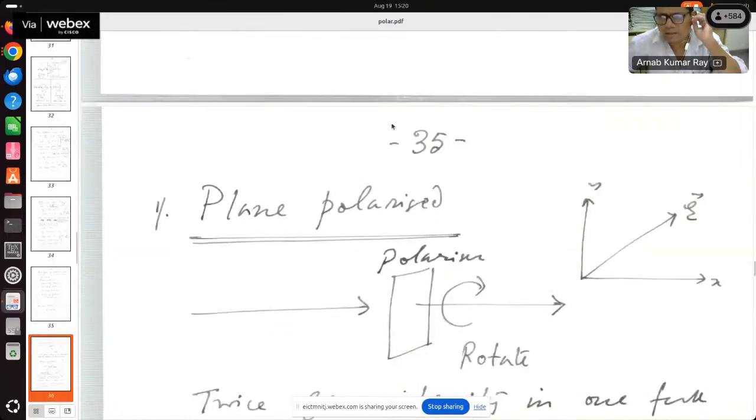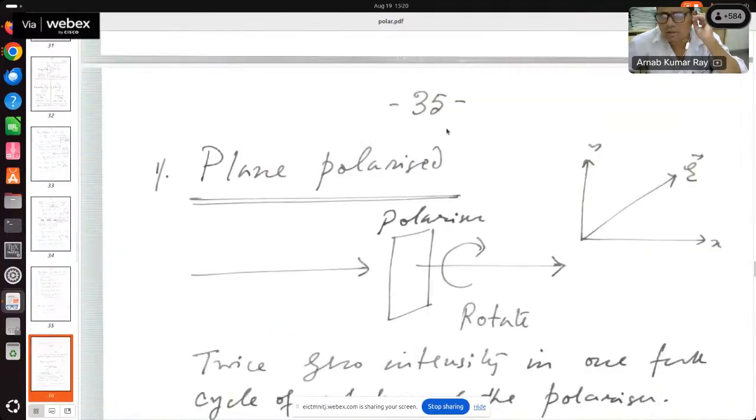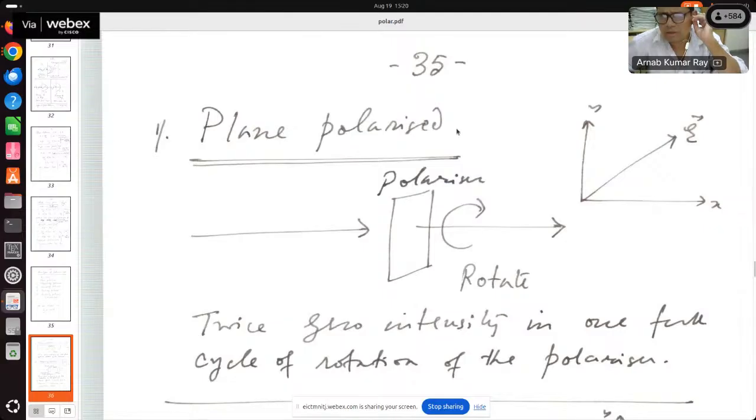So plane polarized light means light is rotating on a plane. So here it is. The polarizer is simply a calcite or some birefringent crystal material, giving twice zero intensity in one full cycle of rotation of the polarizer. So that is very much understandable. You start with a perfect state of alignment. So let us say that this is the plane polarizer alignment.